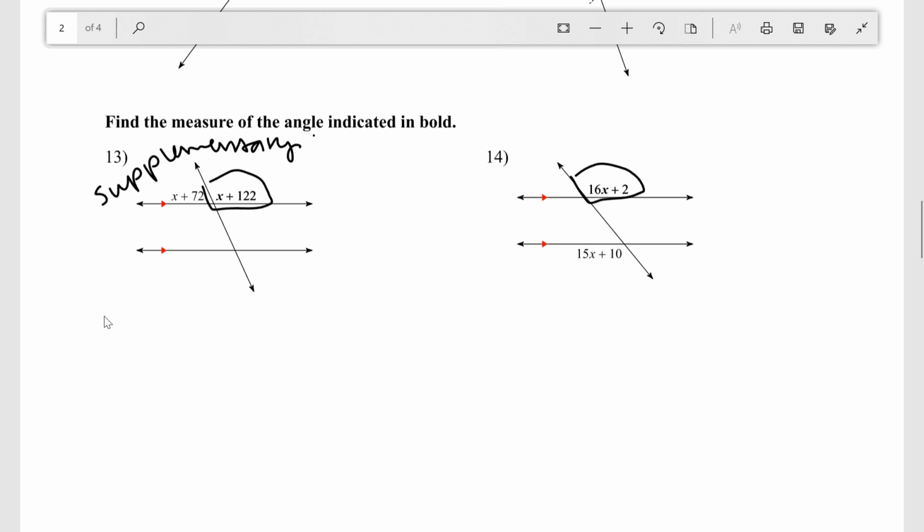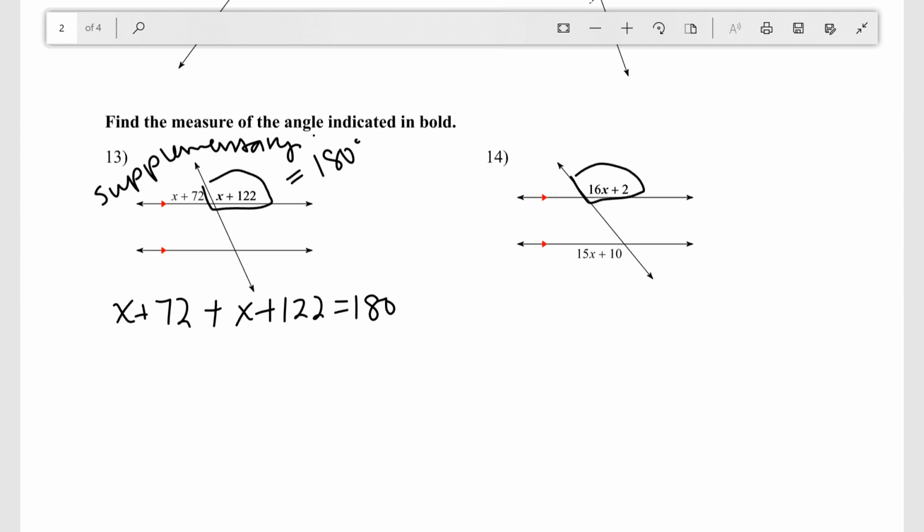Remembering that that just means that if I added these two angle measures together, they will equal a total of 180 degrees. So if I took x plus 72 and I added it to my x plus 122, that will equal 180 degrees.